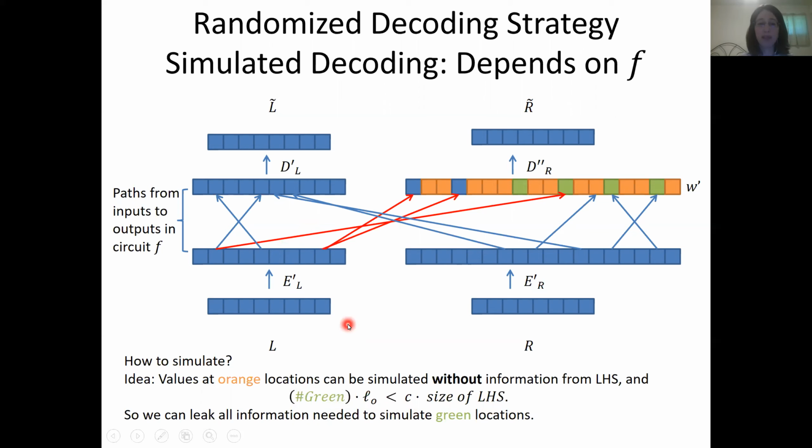By the properties of the RPE, this means that we can actually leak this information. Here we're again using the bounded output locality to say that there's only a small number of locations that we need to open on the left-hand side. And so we can simulate all the information needed for the green locations.